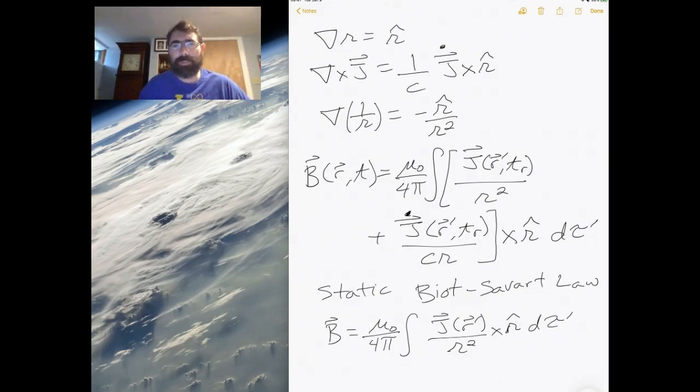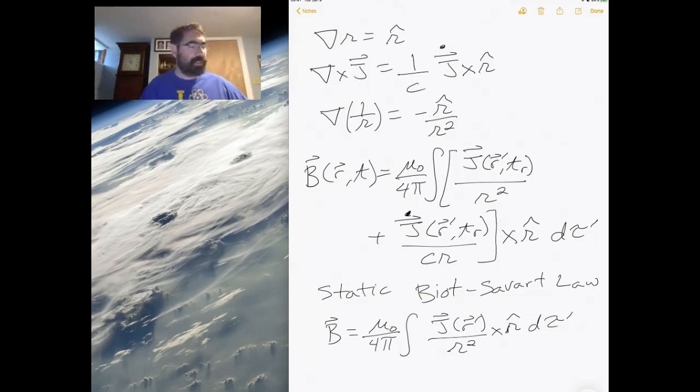And so now what we have is a second term, a time-dependent term, basically looking at how the current changes with respect to time. So we've got a static piece, so the magnetic field you get from the current just flowing through the wire, let's say, or over the surface or over the volume, but you also get a contribution to the magnetic field from changes in the current over time.